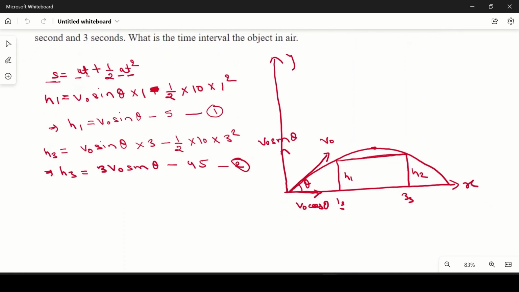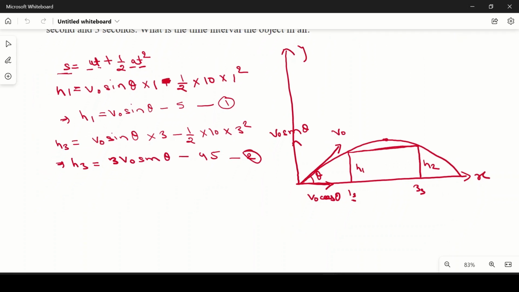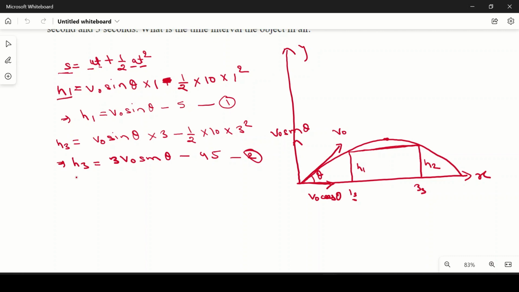Now it is given in the question that the height of the object is the same at 1 second and 3 second. So at 1 second and 3 second the heights are h1 and h3, and given that h1 and h3 are the same, we can equate these two equations. So v naught sin theta minus 5 is equal to 3 v naught sin theta minus 45.